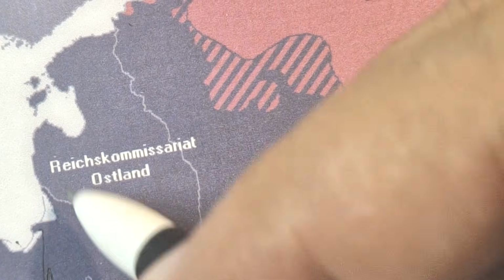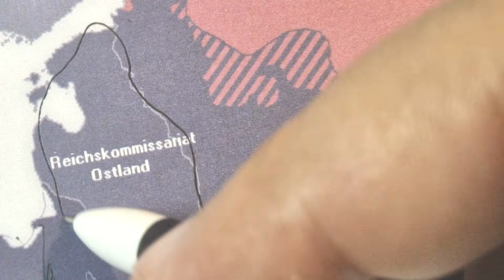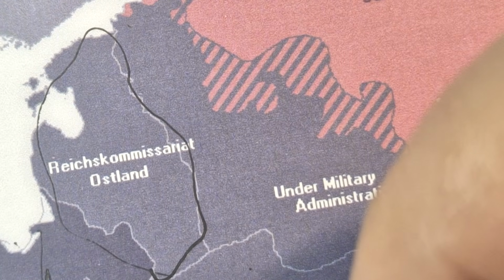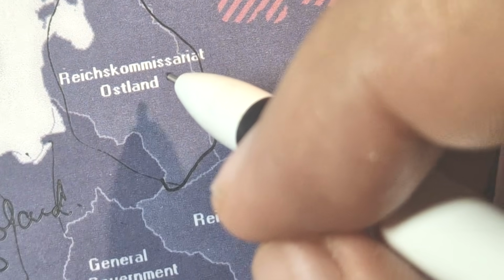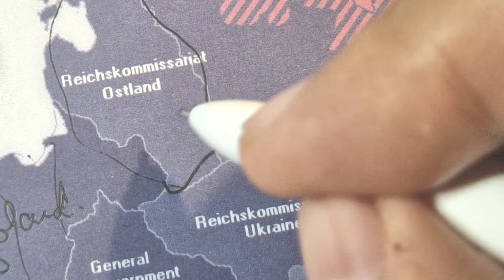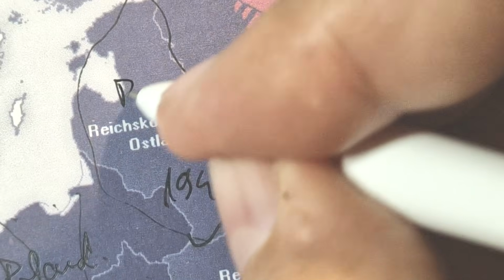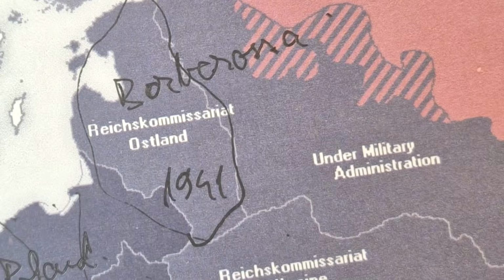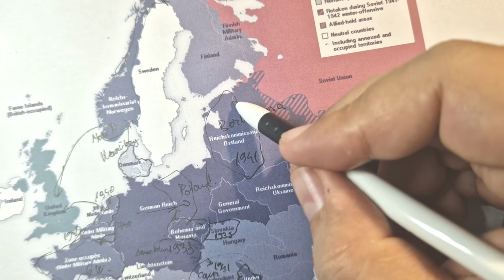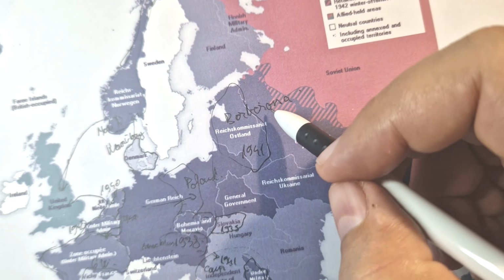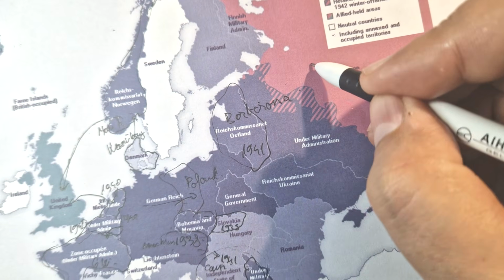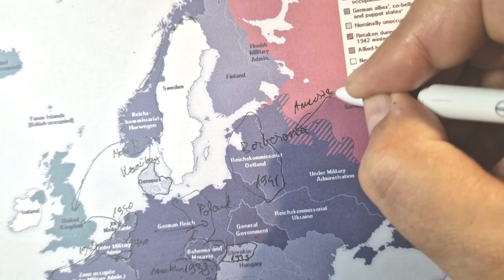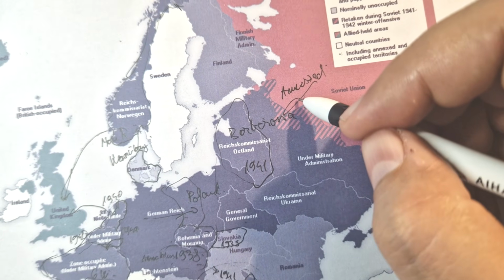The Baltic states. Well, the Baltic states were taken during Operation Barbarossa, June-July 1941. Estonia, Latvia and Lithuania had been annexed by the USSR in 1940.